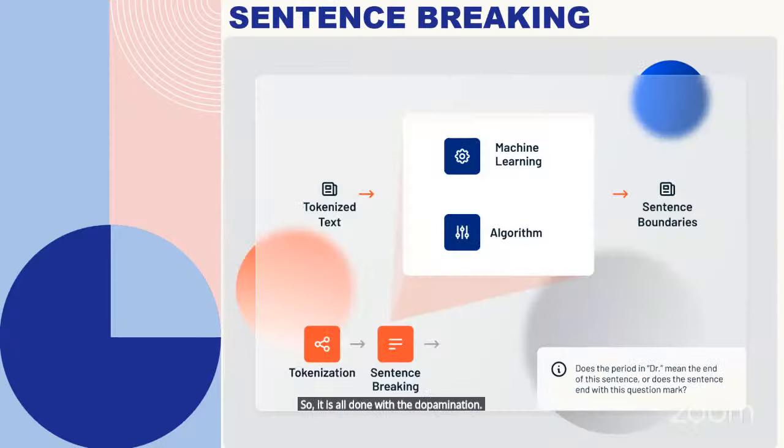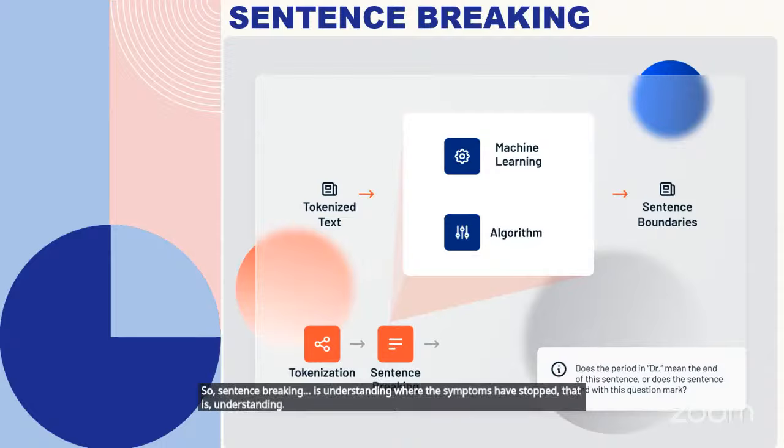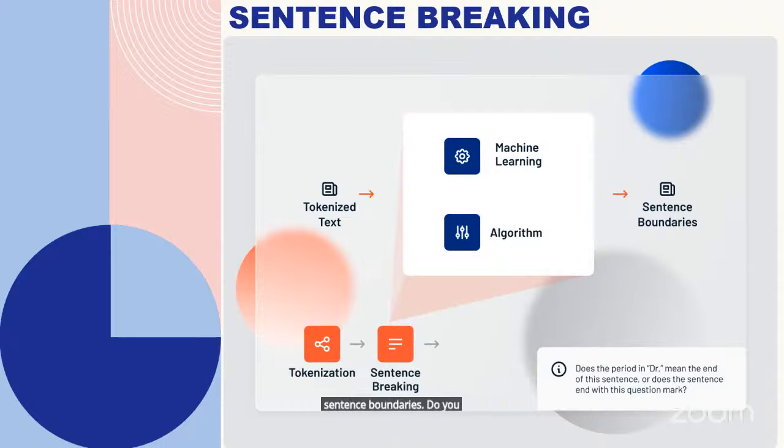So next is sentence breaking. Sentence breaking is understanding where the sentence has stopped, that is, understanding sentence boundaries. Do you have a comma? Do you have a full stop? Do you have a space? Is there any pause in the sentence? That is called sentence breaking.